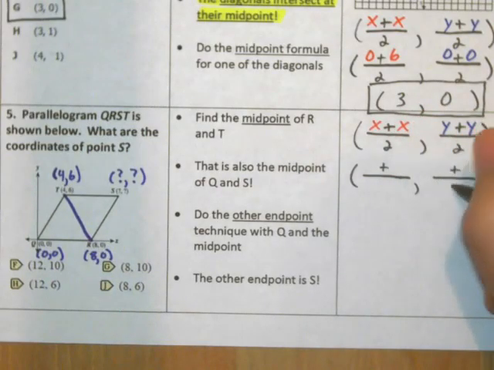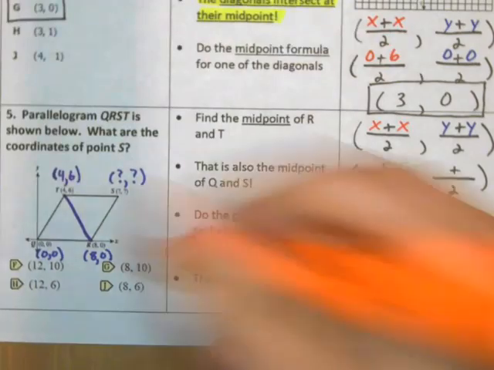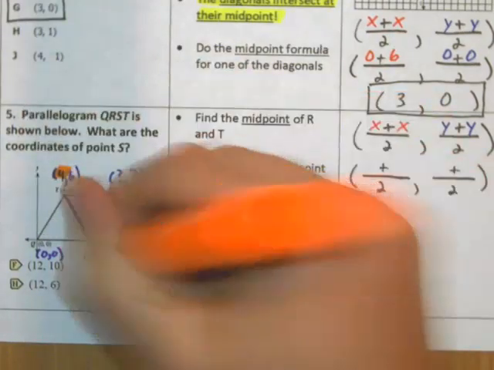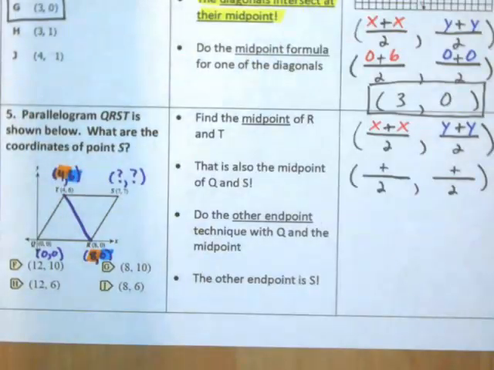And let me color code for R and T, and then I'll substitute.